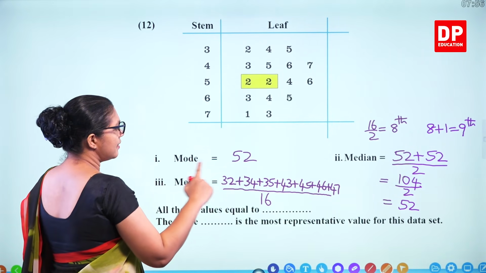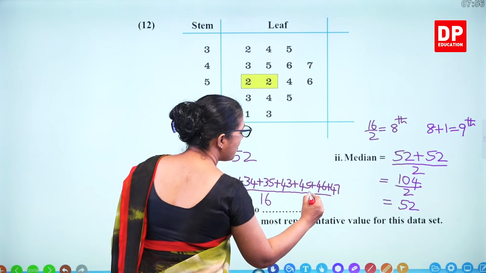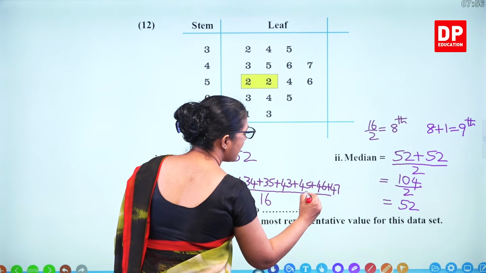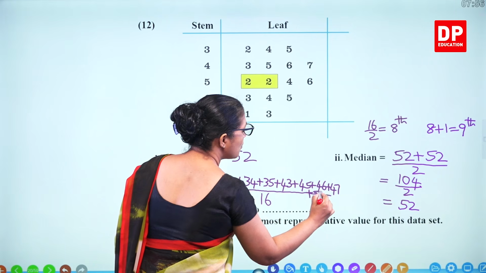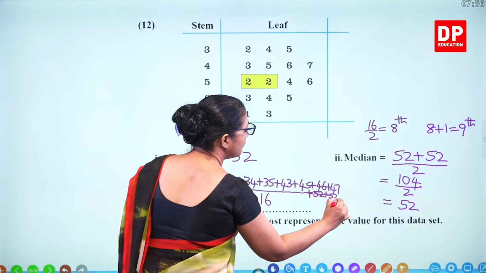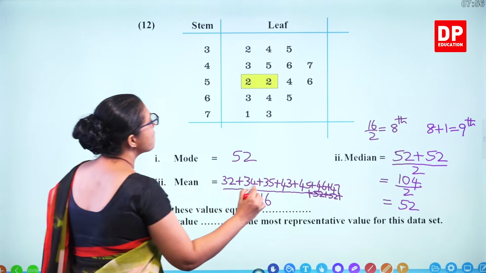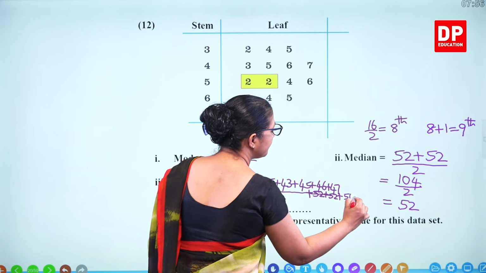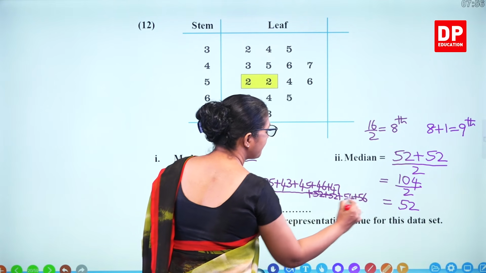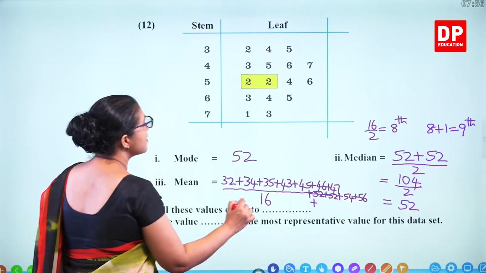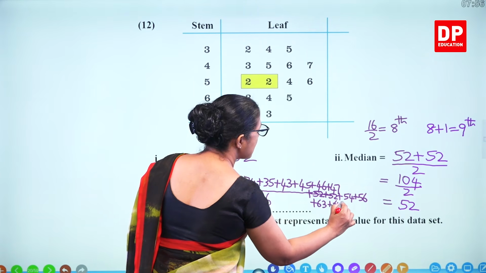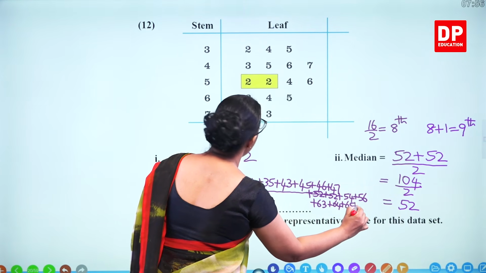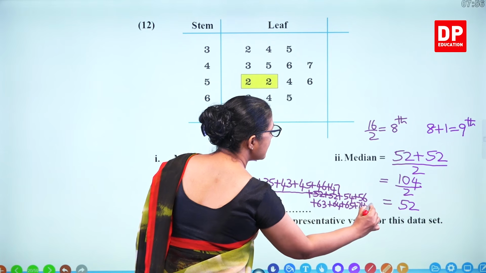And then write down all the numbers. Here I'll write here addition: 52, 52, 54, 56. And the other one, 63 plus 64, 65 and 71 and 73.